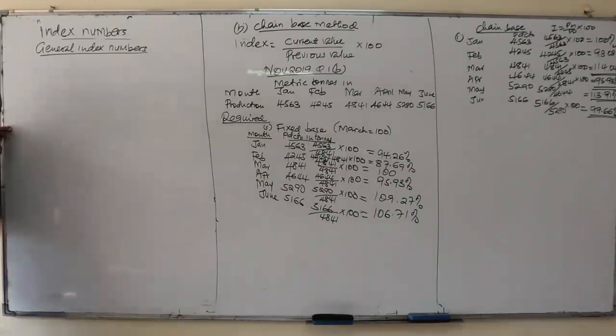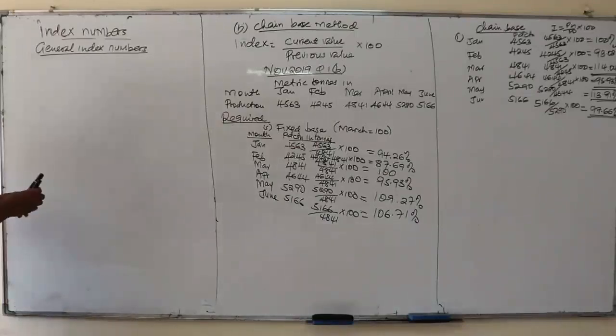So in this case, you are dealing with more than one commodity. So you write an example: compute the general price indices for the following table.